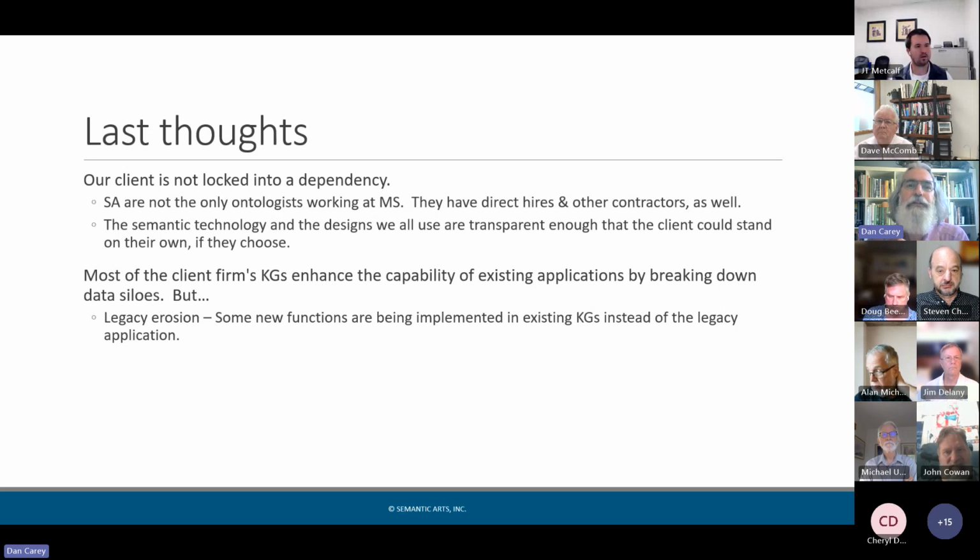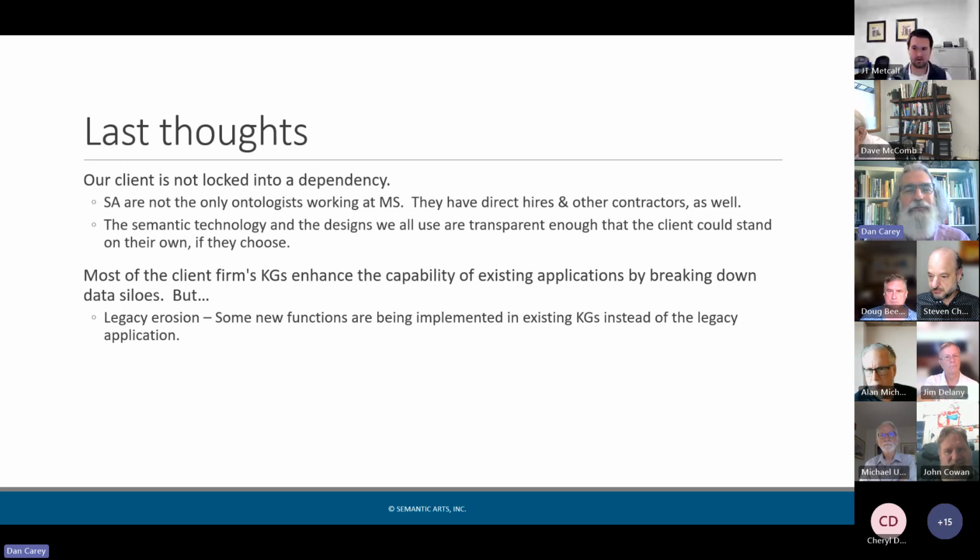This is particularly true when the graph nature of the data allows you to do things that you simply cannot easily do over on the relational side. But even things that could be done on the relational side are being done in this sort of legacy erosion world, simply because it's faster and cheaper to change those applications than it is for these legacy things.